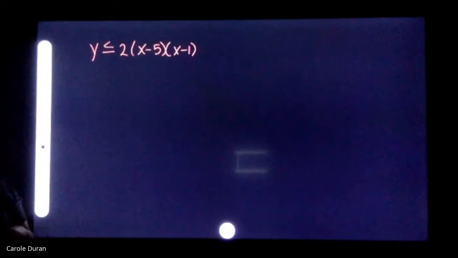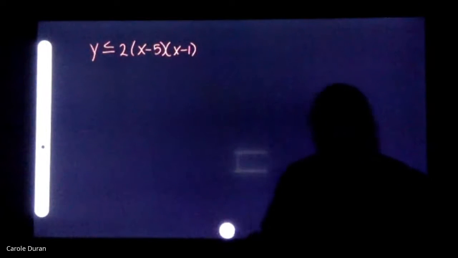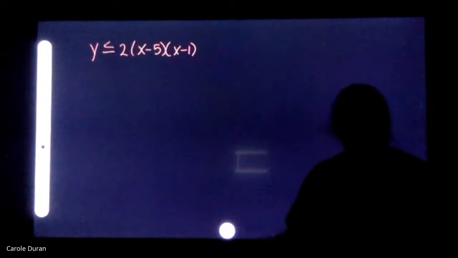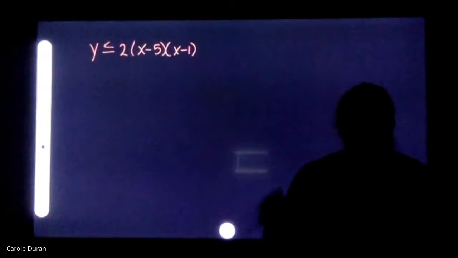What form is that? Anybody? Okay, well this is our factored form, which means that it tells me what my x-intercepts are. So I already have 2 points on my graph without having to do anything at all.